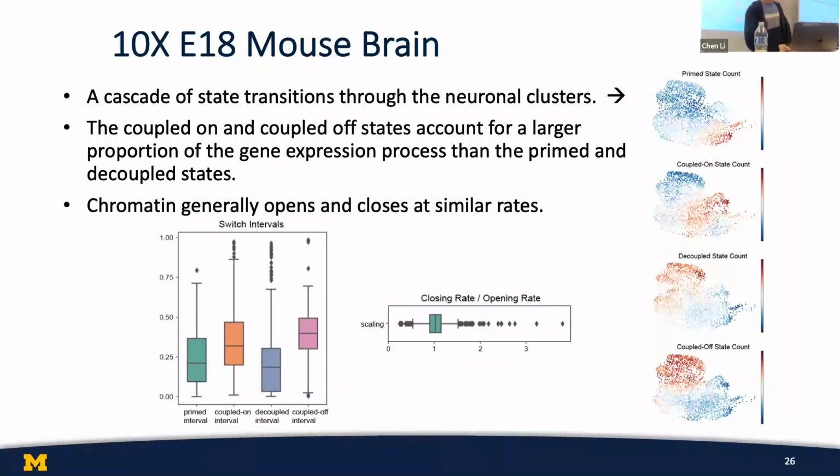In this model, we actually model the chromatin closing rate and the chromatin opening rate as 2 separate rate parameters. But we observe that the ratio of the closing rate and the opening rate is very close to one in the end. That means that we can essentially model them as a similar rate.